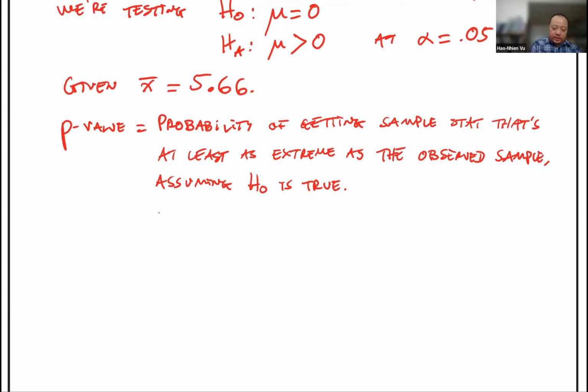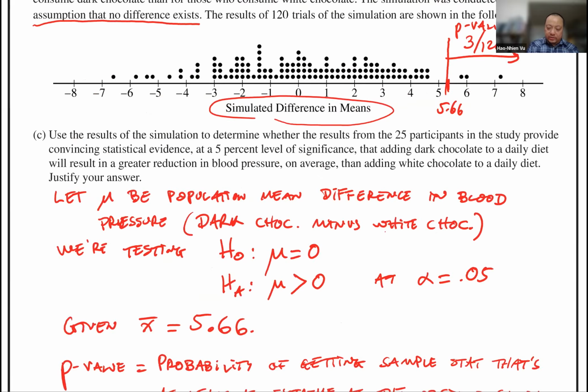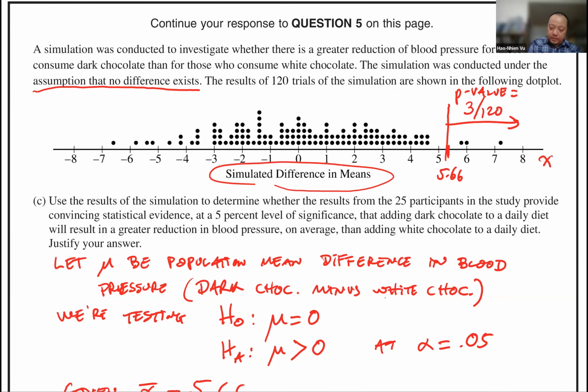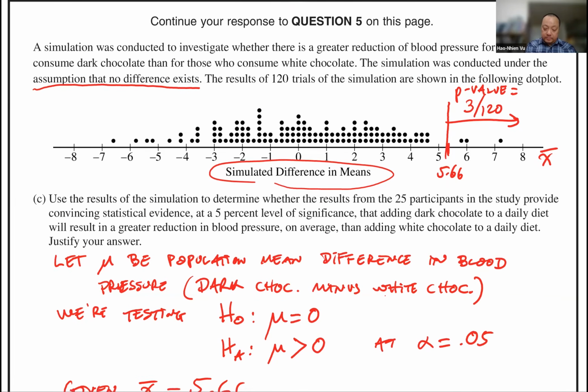All right, so in this case, this is the probability of getting a sample stat. What kind of sample stat are we looking at? An X bar. And by the way, this is the simulation graph of X bar.